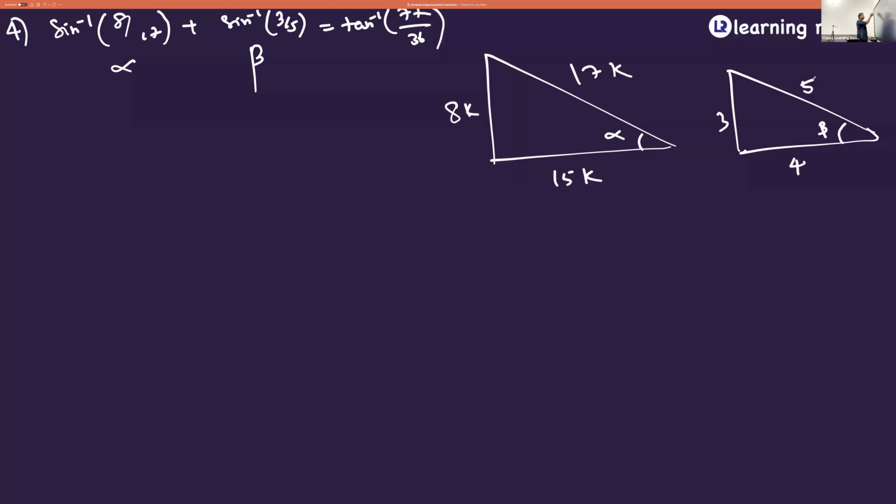So if sine inverse 8 by 17 is alpha, then it will be tan inverse of 8 by 15. I hope you got the logic. You need not sit and solve everything. Tan inverse of 8 by 15 plus tan inverse of 3 by 4. You know the formula for tan inverse x plus tan inverse y. Apply that, you will get it. So leave some space for that. You can write down the ideas alone.